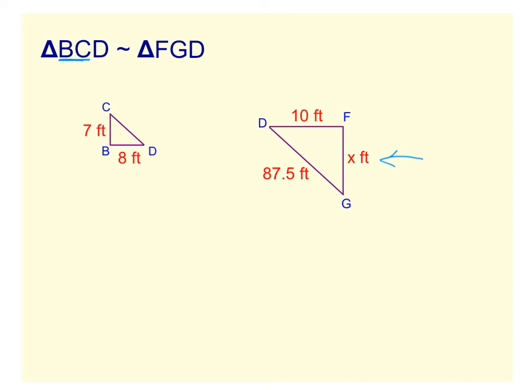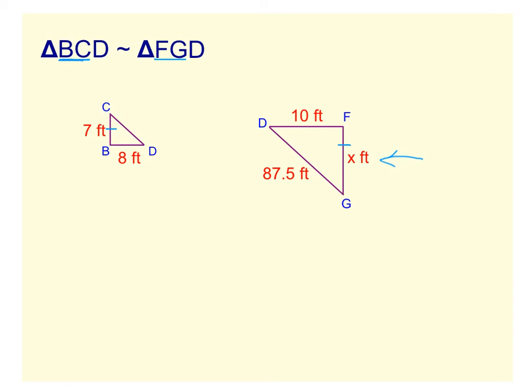So the first two letters, BC, I'm going to find in the triangle on the left, and I'm going to put one little mark on it. BC is similar to triangle, and it's going to match up with the first two letters over here, FG. So I go to the second triangle and look for FG. Now I know that those two sides match up.